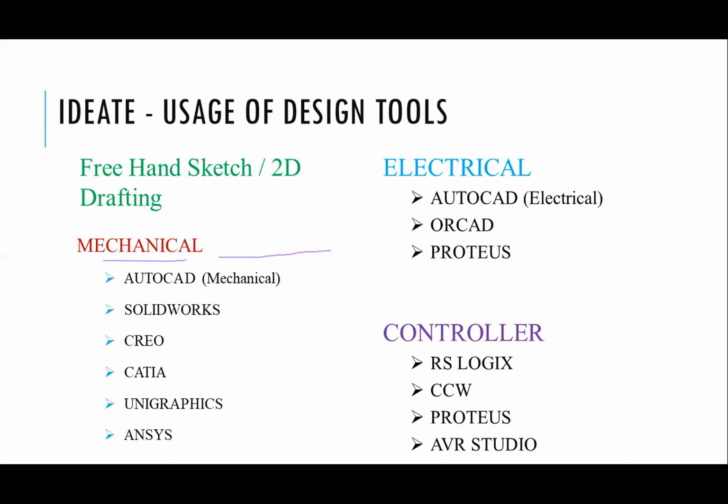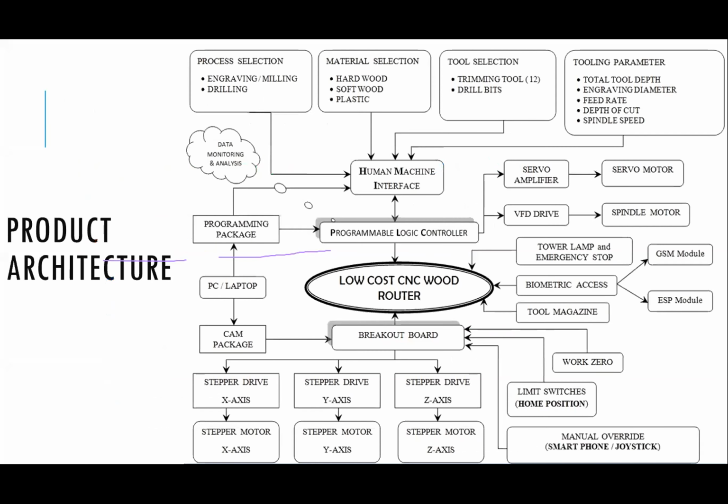Now, what are the concepts we need to work on? We dealt with the product architecture. This is where ideation happens, so whatever is possible, we put it in. Based on the requirement, I considered all the possible chances: whatever kind of process, whatever kind of material, what the tool selection is, what the tooling parameters are, and what is technically affordable.